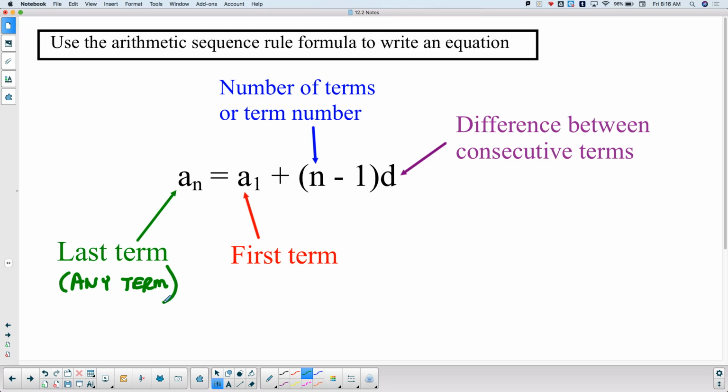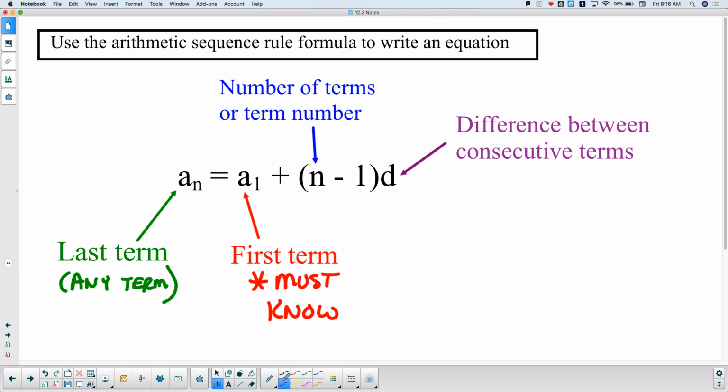Okay? So with that being said, you have to know the first term in order to write the sequence, or to find a term in the sequence. You have to know the first term.